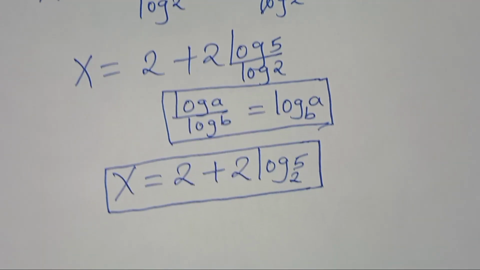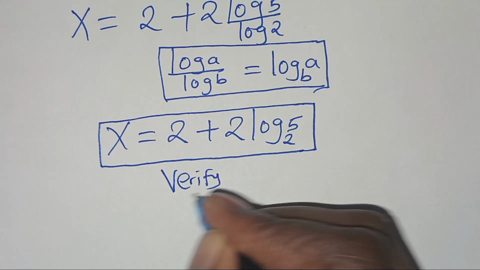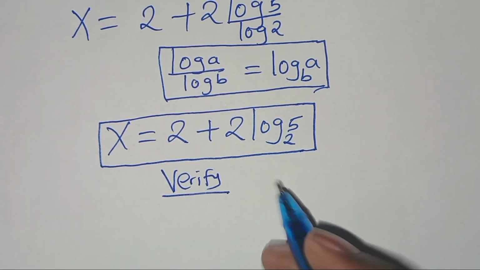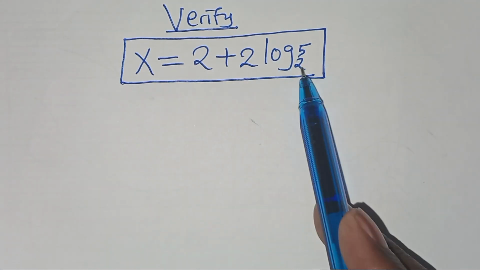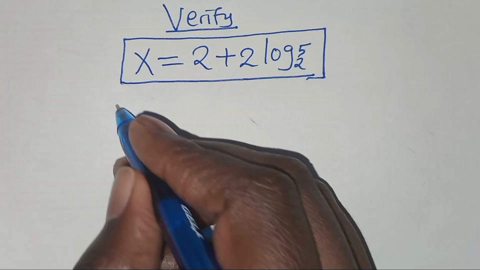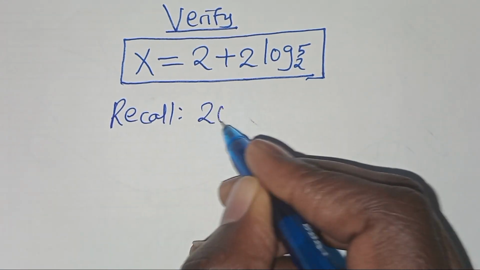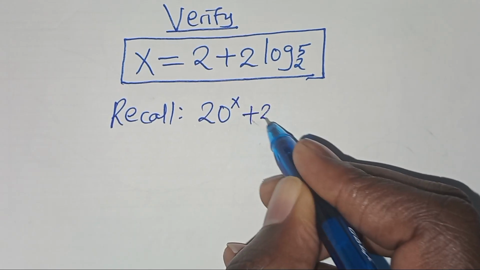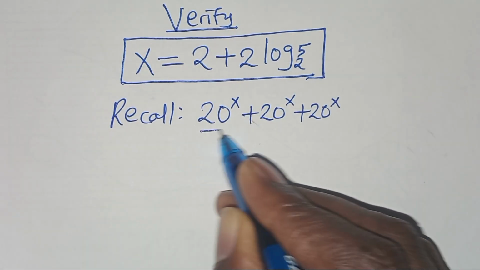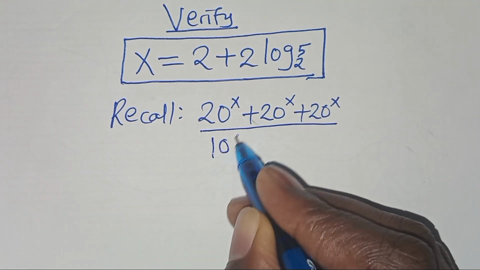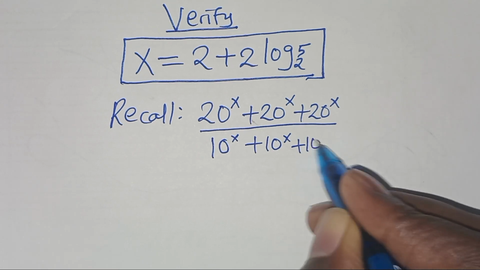The next step is to verify that this value of x, which is 2 plus 2 log 5 to base 2, actually satisfies the equation. If you recall, we ended at 20 to power x plus 20 to power x plus 20 to power x, divided by 10 to power x plus 10 to power x plus 10 to power x.